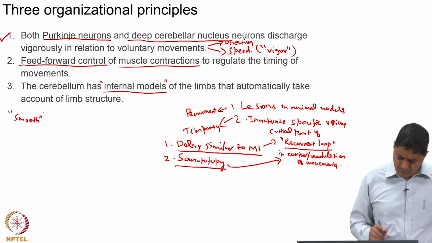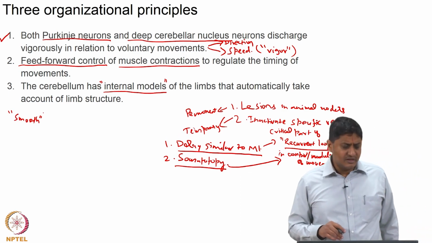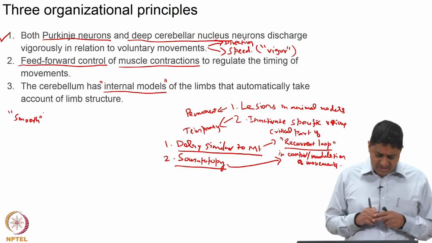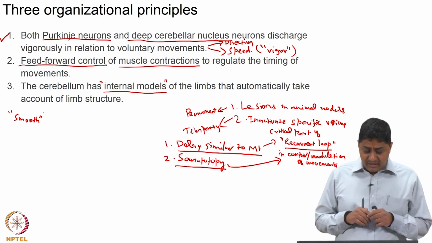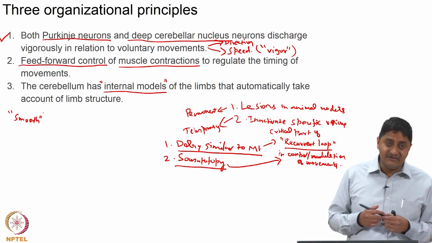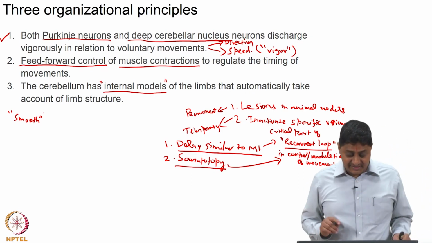And it is now well accepted that humans are extraordinarily good at performing smooth movements. How do we do this?